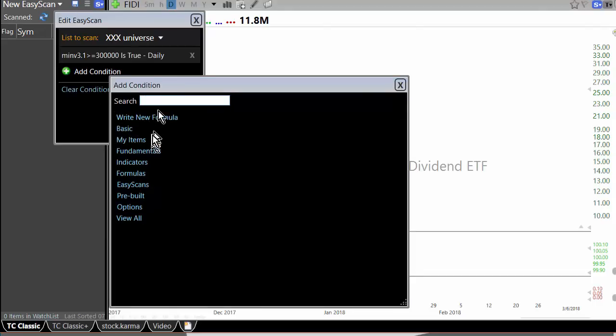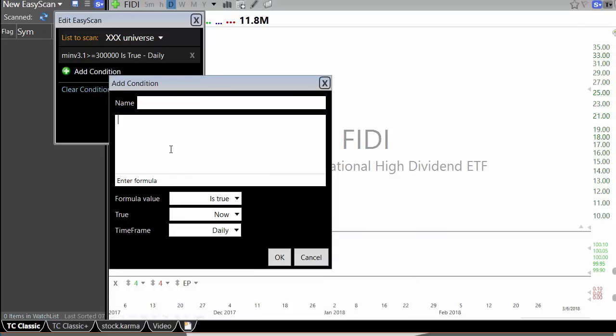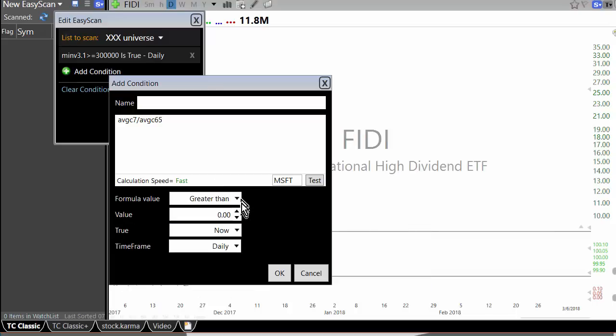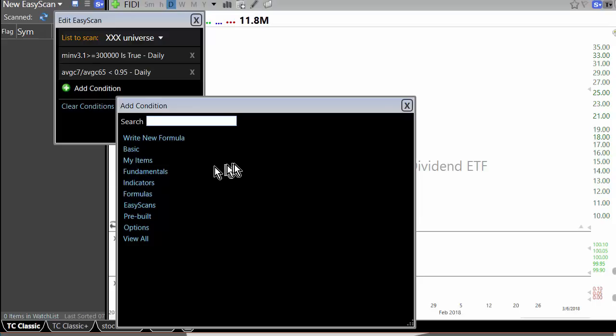So write a new formula: average C7 by average C65, is less than 0.95.